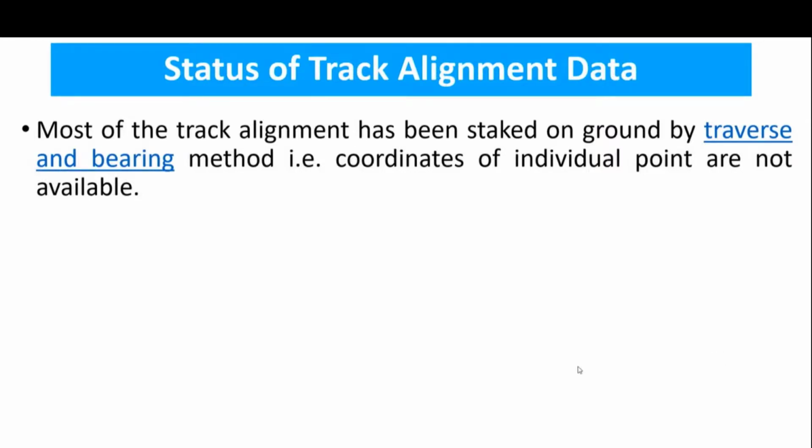The scenario at present is that we do not have the survey data. Actually, our alignment is laid on the basis of traverse and the bearing method with theodolites and distance measuring with tape or chain.